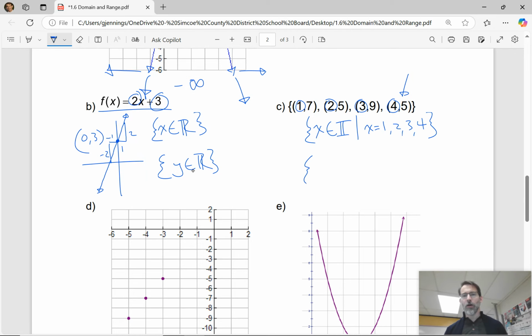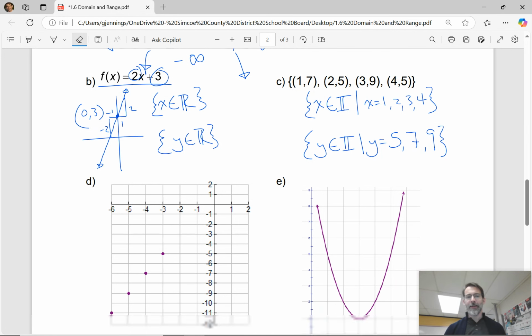Y is also integer values, such that y equals, I like listing them smallest to largest, 5, 7, 9. You should list them smallest to largest. Why didn't you double list 5, Mr. Jennings? I don't need to. I told you once already, y could be 5. It could be 5 in 2 places, but I'm not going to tell you that. That's something you can see by looking at the function.